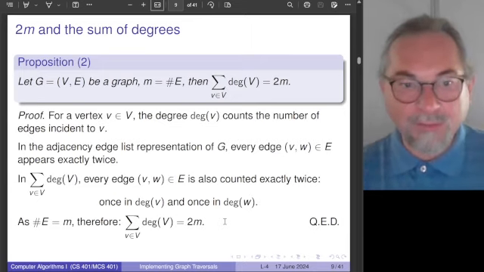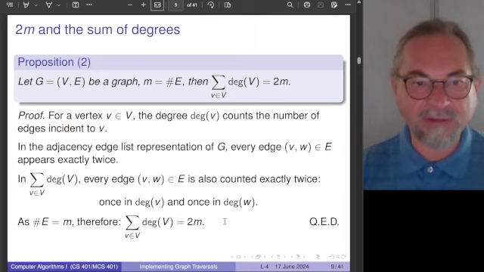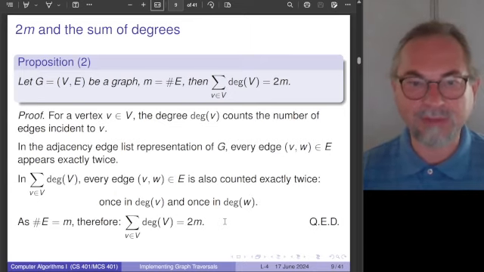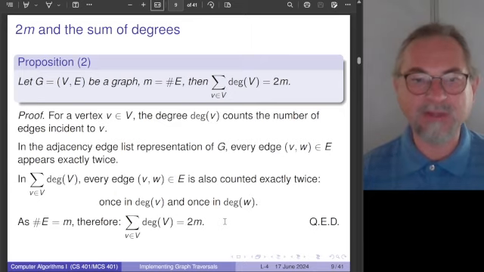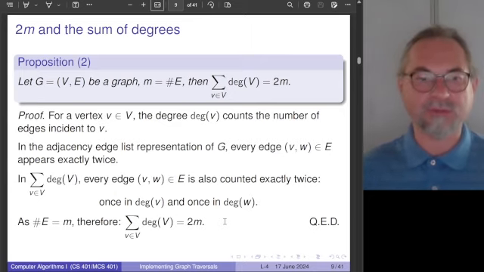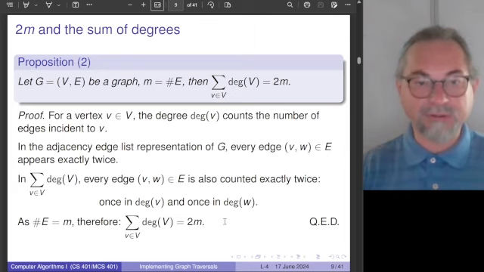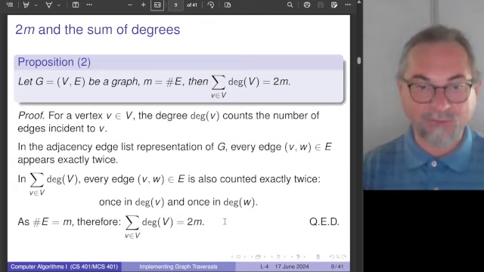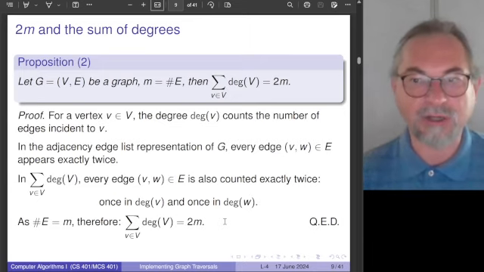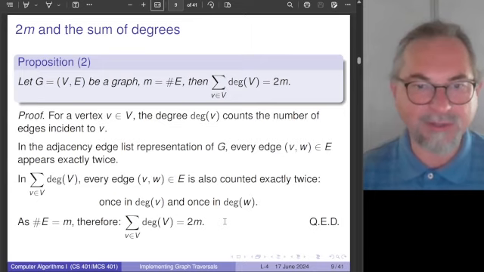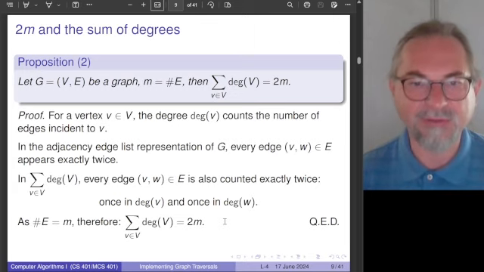But now we are formalizing this in the sum of the degrees. Every edge is counted exactly twice: once when we get to the vertex v, and once when we get to the vertex w. Therefore, the sum of the degrees of all the vertices equals 2 times m. By the way, there is a little typo here, and I think it's clear within the context that the argument of the degree function is actually the little v, not the capital V.